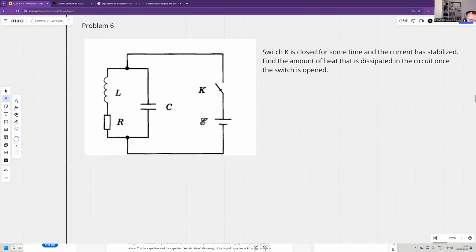When you close the switch, the battery starts, first of all, charging the capacitor. The capacitor becomes charged. And secondly, it starts building up current through the inductor and the resistor.